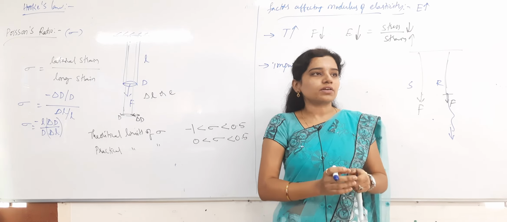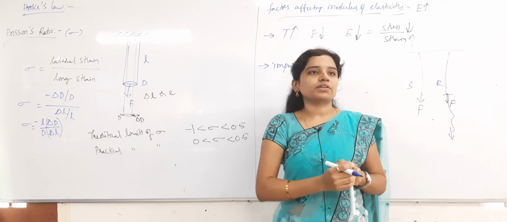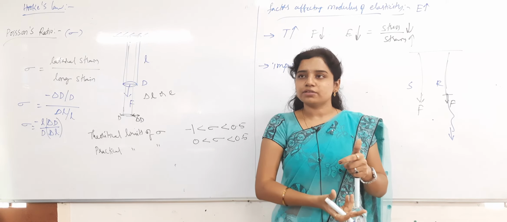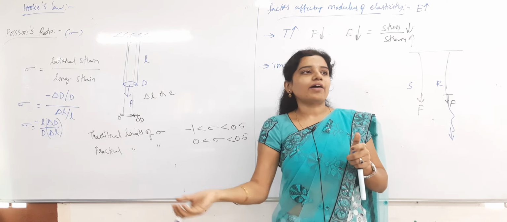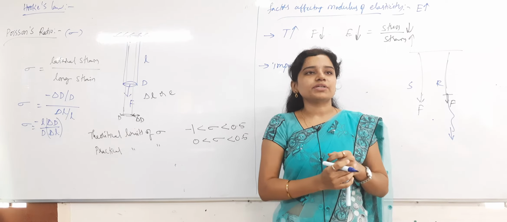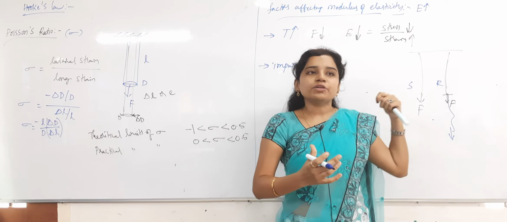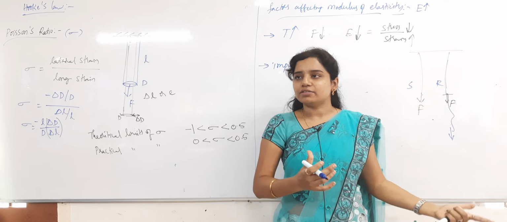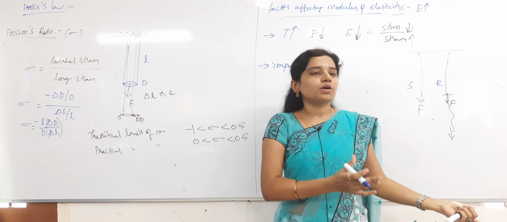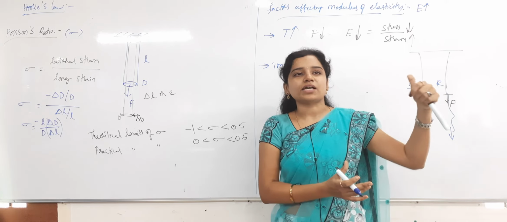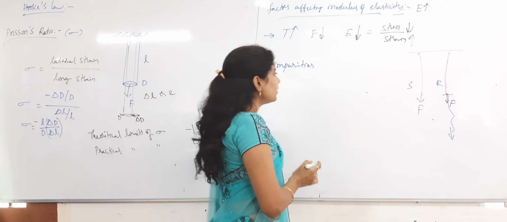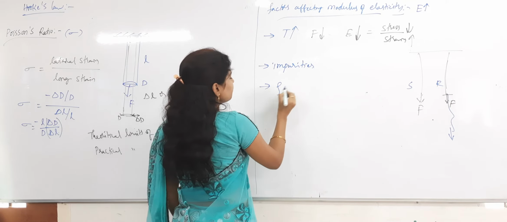For a steel rod, if I add more steel, it will become more elastic. For another steel rod, if I add iron, it will become less elastic. That purely depends on the impurities we have added. Based on the impurities' properties, it will either increase or decrease.